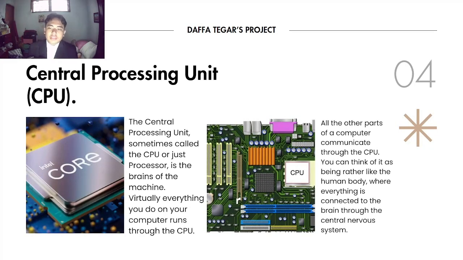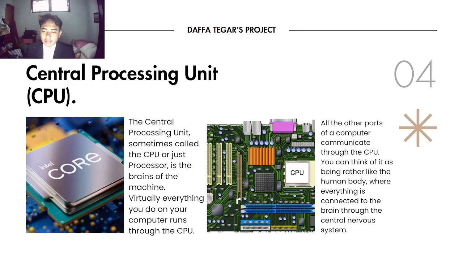Now number two is the CPU, or central processing unit, also known as the processor. It's like the main brain of the computer itself. You can compare it to a human, who does everything controlled by his brain for thinking or processing something.